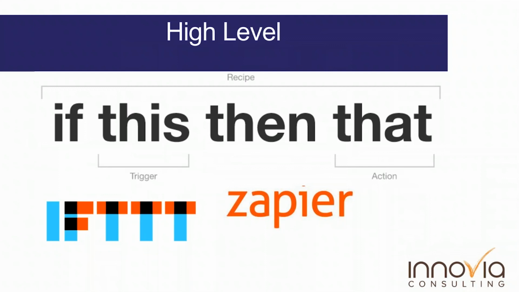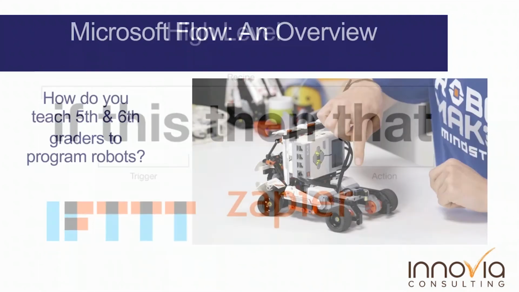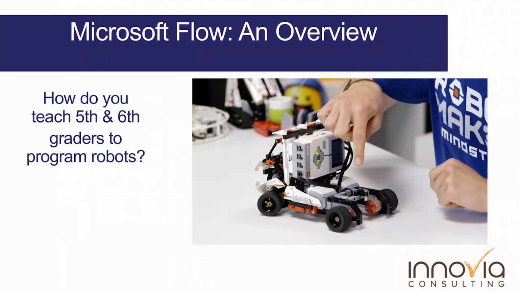Flow at its simplest level, and for those of us in the old programming group, is an if-this-then-that kind of action. If a situation or an event occurs, then do something. One example that seems to relate to a lot of folks is the robotics classes that many of our children are involved in at school.